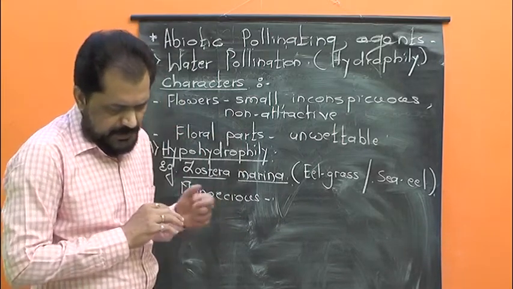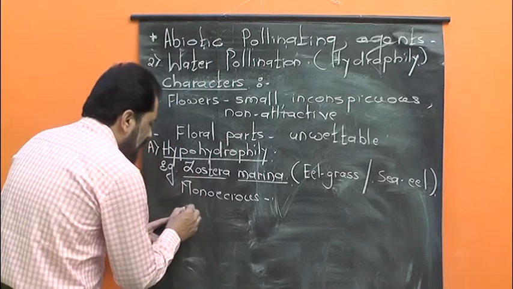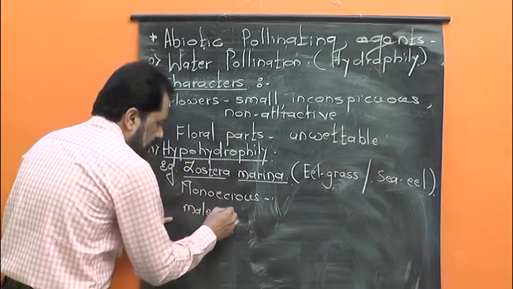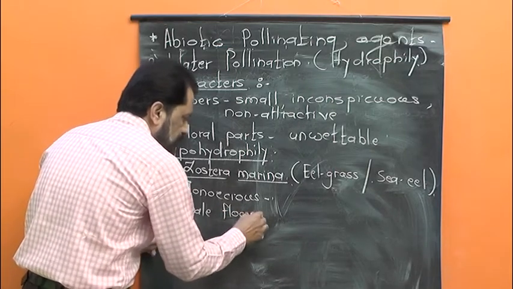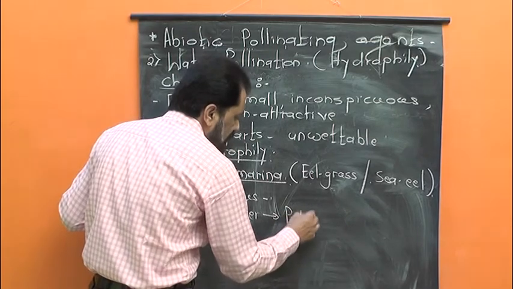So, in this plant, Zostera, the male flower produces a large number of pollen grains.